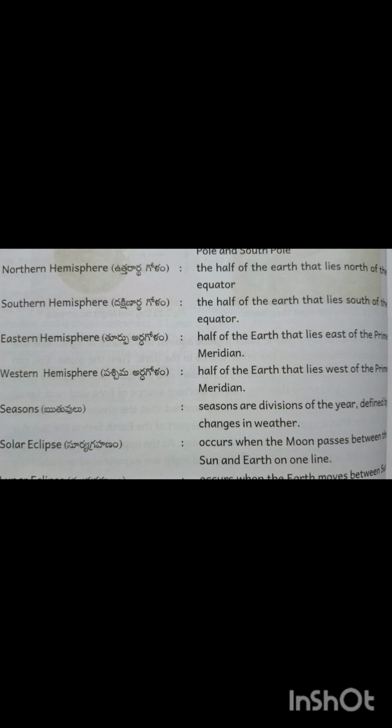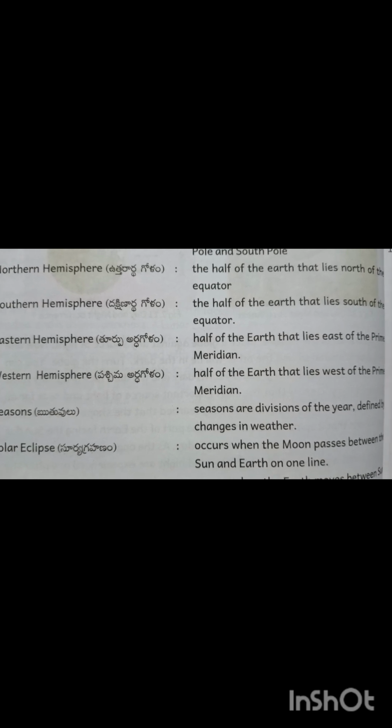Seasons, Rituvulu, are divisions of the year and define the changes in the weather. Solar eclipse, Surya Grahanam, occurs when the moon passes between the sun and the earth on one line. Lunar eclipse, Chandragrahanam, occurs when the earth moves between the sun and the moon on one line.